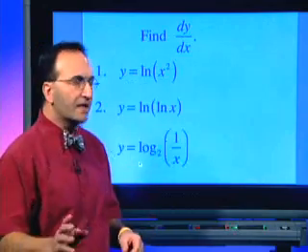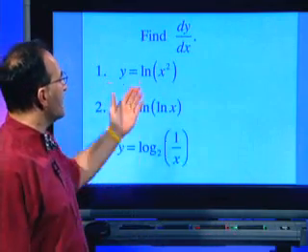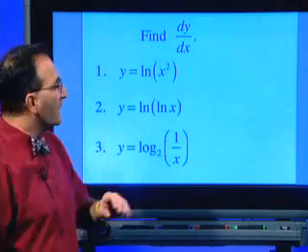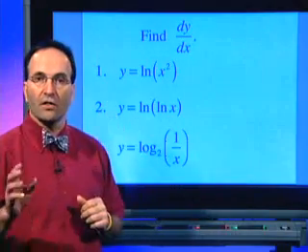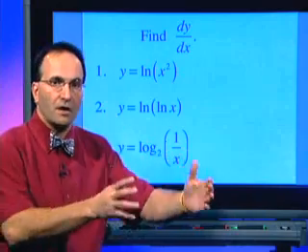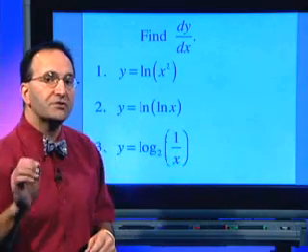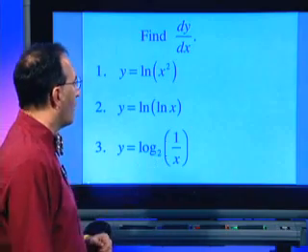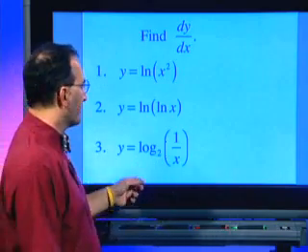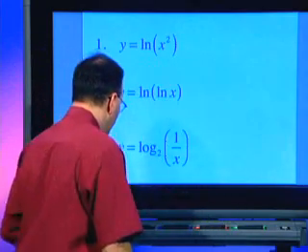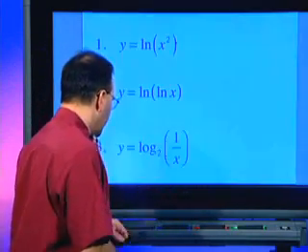Let's take the examples y equals log of x squared, then y equals the log of log x, and y equals log base 2 of 1 over x. Let me get a little bit more space here and now apply that particular rule to these three functions.